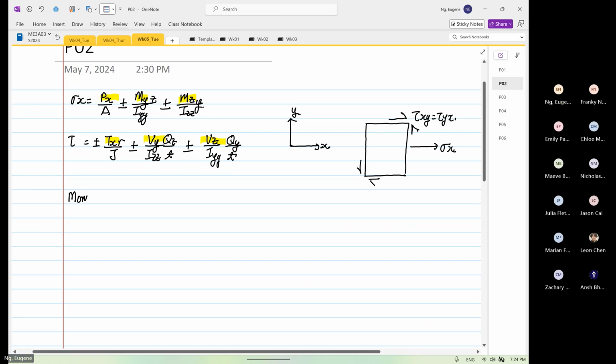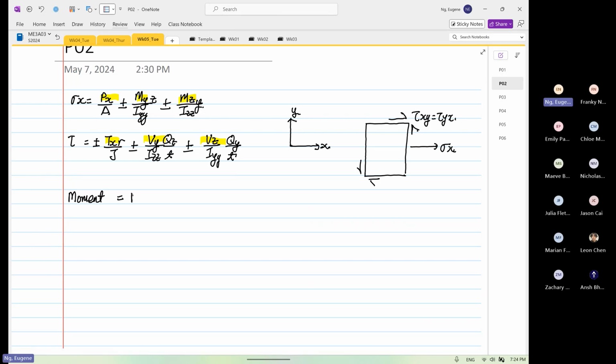Moment is equal to force multiplied by perpendicular distance. Okay. The unit is in Newton meter or pound inch, right?